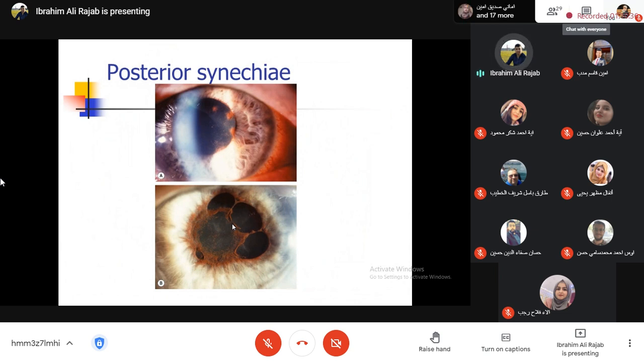If it is posterior to the iris, it adheres to the lens, so it's called posterior synechia. If it is anterior, it will adhere to the cornea, and we call this anterior synechia. So we have posterior synechia, where the iris adheres to the lens, and anterior synechia, where the iris adheres to the cornea.